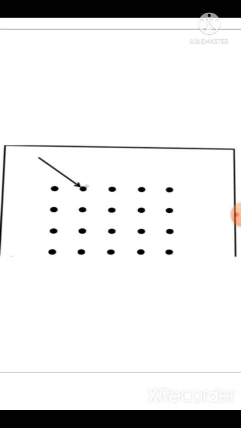This arrow represents the incident light. It means that whenever we incident a beam of X-ray, it falls on a lattice. This diagram clearly shows us. Next, we move towards the next point.